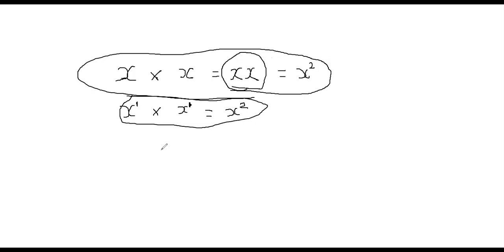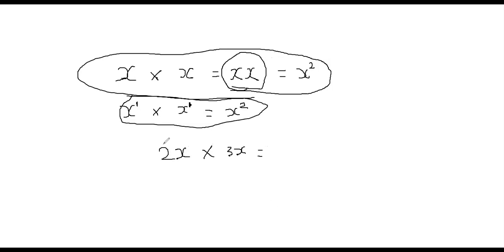So what if we have 2x multiplied by 3x? 5x, sir. We're multiplying. Think about it again. 6x squared.